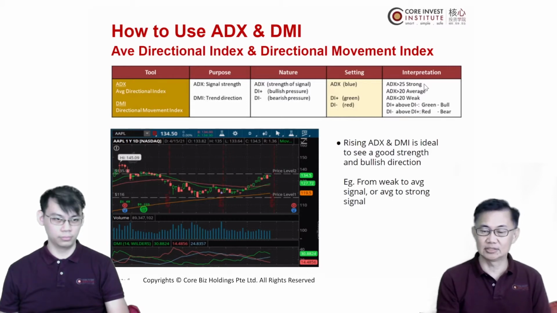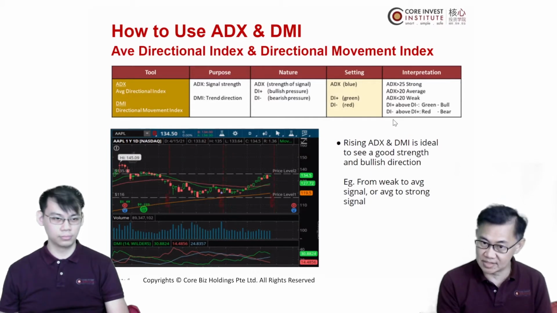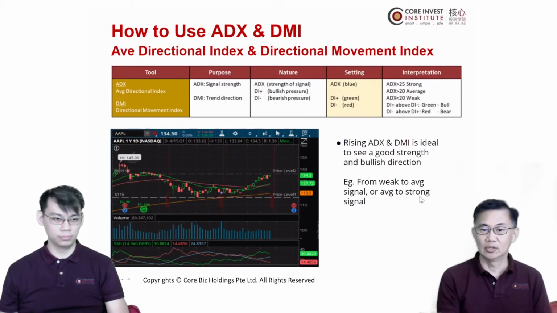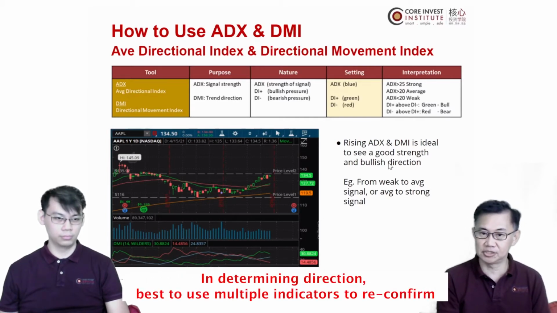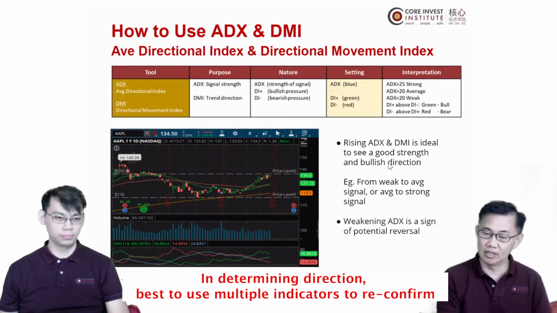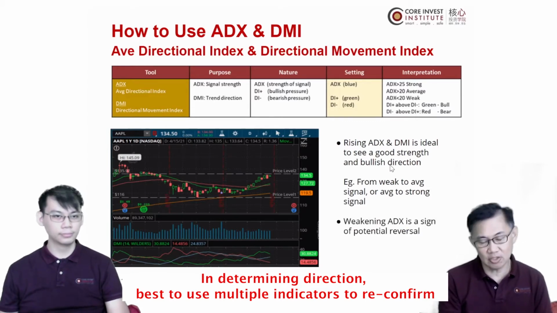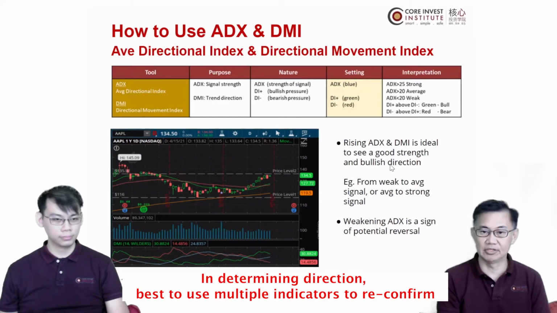Below 20 is weak. Between 20 and 25 is average. So you want to find companies with a strong ADX because they give you a strong signal. And when you get a strong bullish signal, then you can consider entering a bullish trade. While if you have a strong bear signal, then you might want to consider a bearish trade.